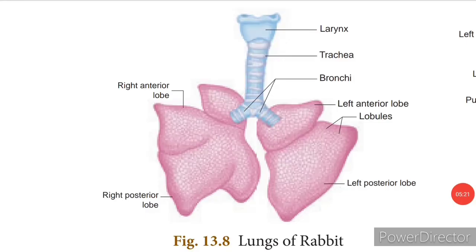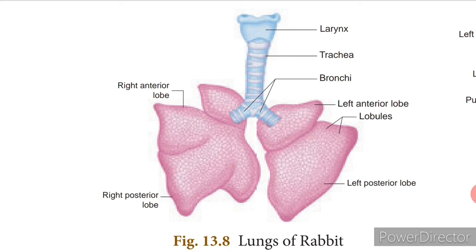Next we are going to see the respiratory system of rabbit. Now this respiratory system consists of a pair of lungs, isn't it? And the lungs are present in the thoracic cavity, and the lower side of the thoracic cavity consists of the diaphragm. Now here each lung is enclosed by a membrane, that is the outermost double membrane, which is called the pleura.